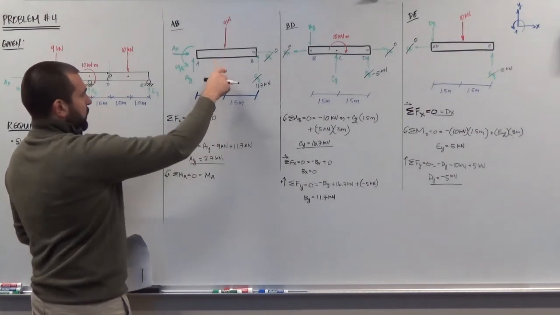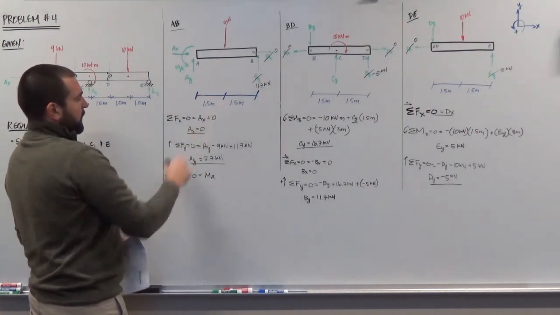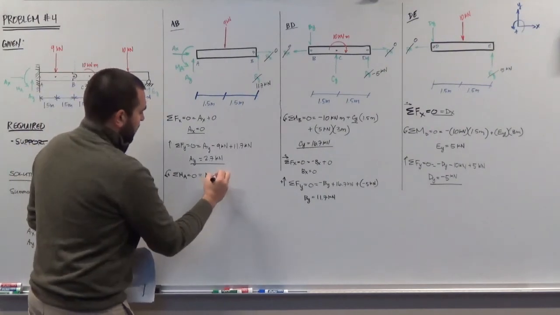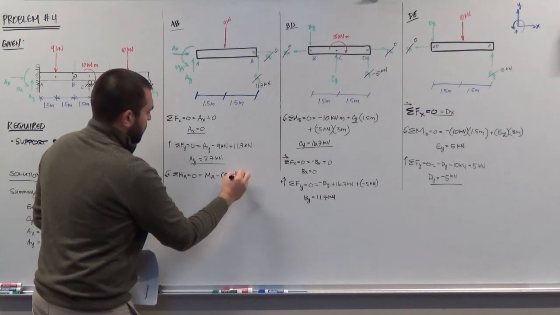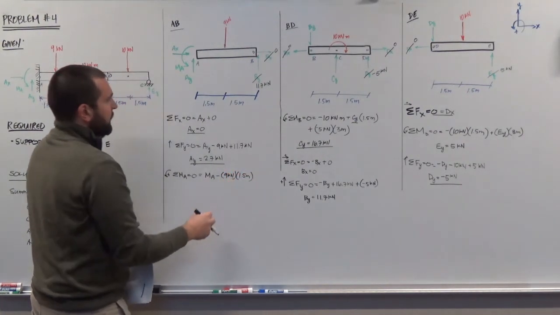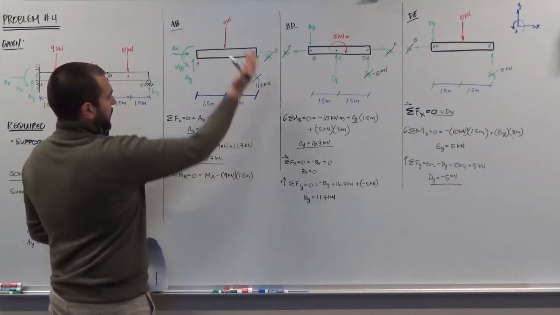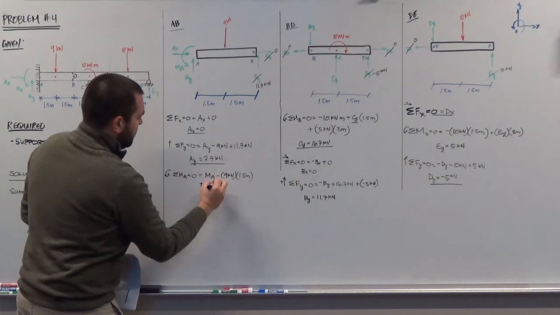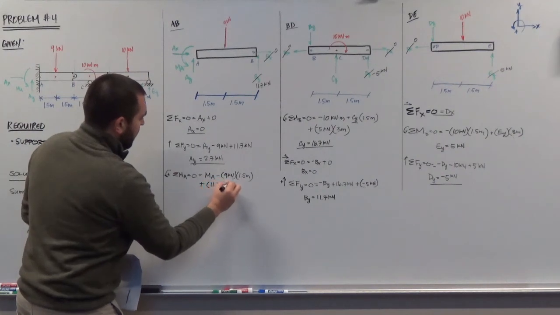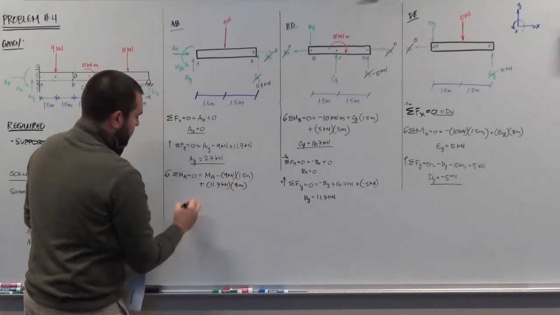The 9 kilonewtons causes a clockwise moment at a distance of 1.5 meters, so that's minus 9 kilonewtons times a moment arm of 1.5 meters. And then finally, this By reaction, the 11.7 kilonewtons, is causing a counterclockwise moment, which is plus 11.7 kilonewtons times its moment arm, which is 3 meters.